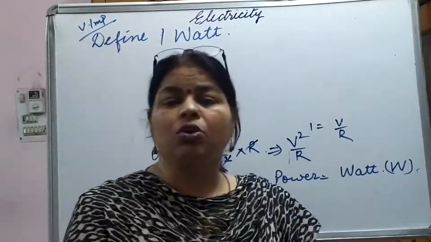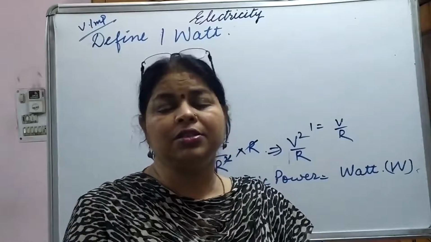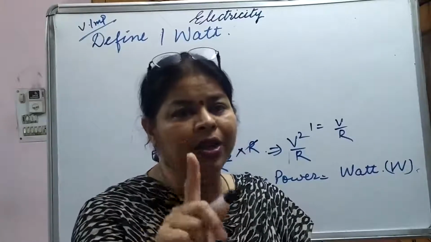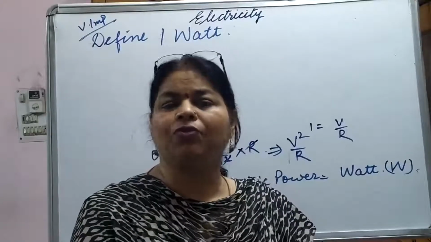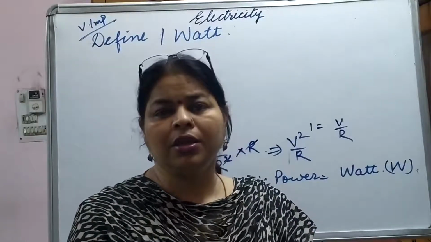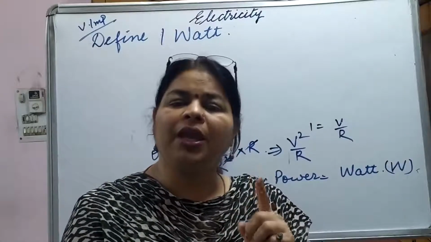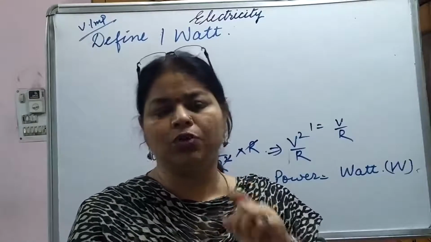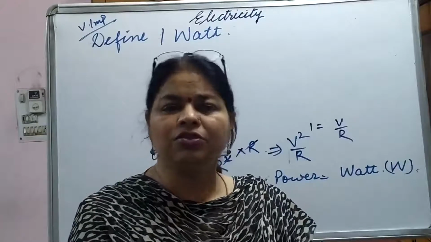The power consumed by a device that carries 1 ampere of current when operated at a potential difference of 1 volt. When 1 ampere of current is being operated at a potential difference of 1 volt, then we say that 1 watt power is being generated.